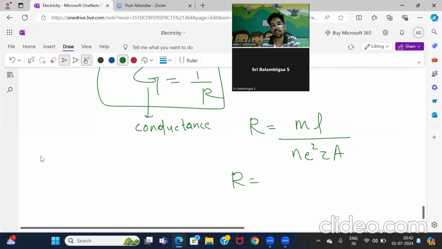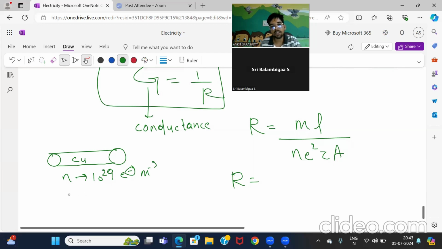If I am not changing the material, if I take only copper, I take a copper wire, then what is constant? Mass is constant. n is also constant. For example, 10 to the power 29 electrons per meter cube.